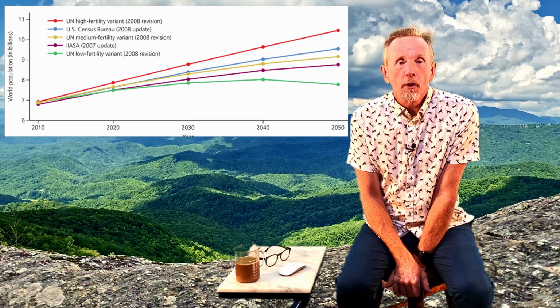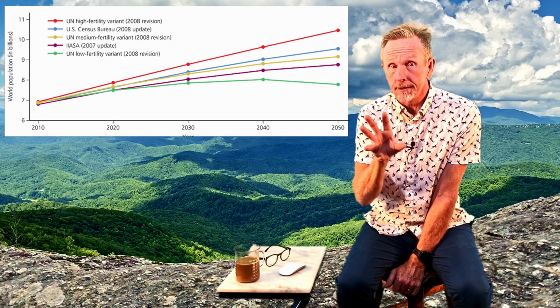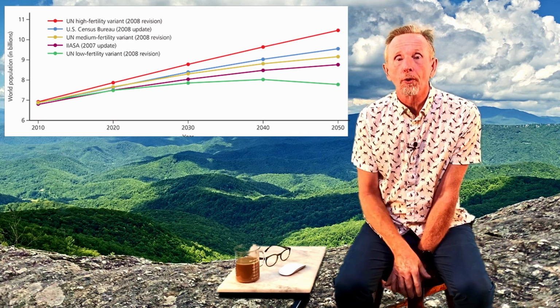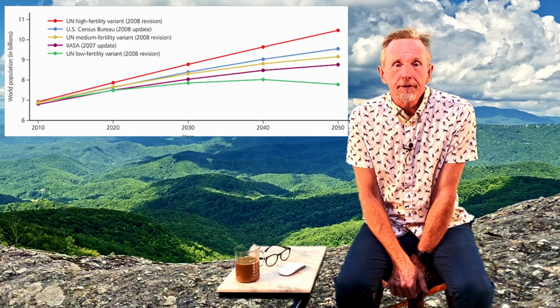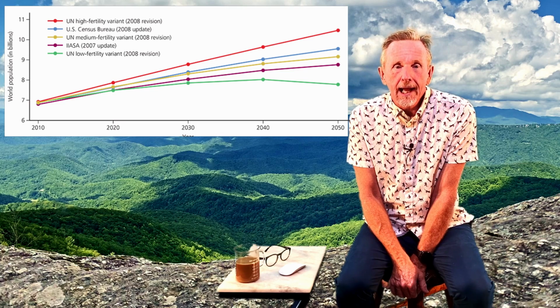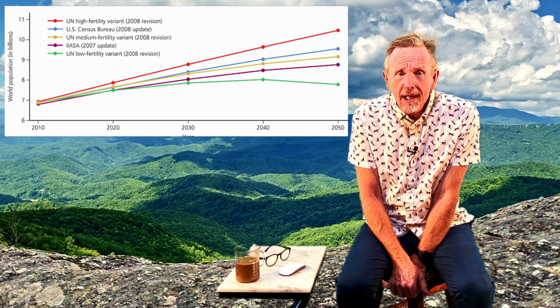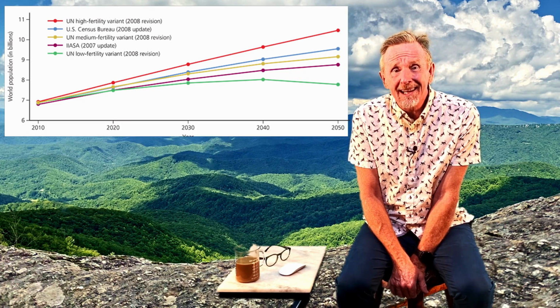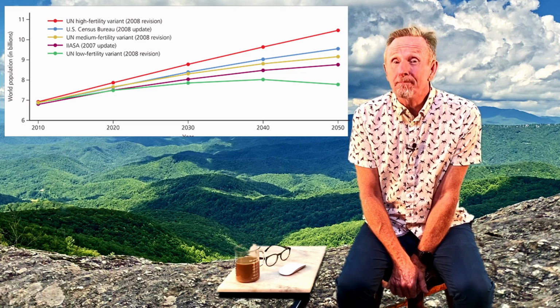This is also going back to 2010 when this data was being put together, so we're looking at an older chart. How did we do? If you notice, the green one for 2020 has us at 7.4 billion people. The red one looks like it was the closest, because in 2020 we have 7.8 billion people.